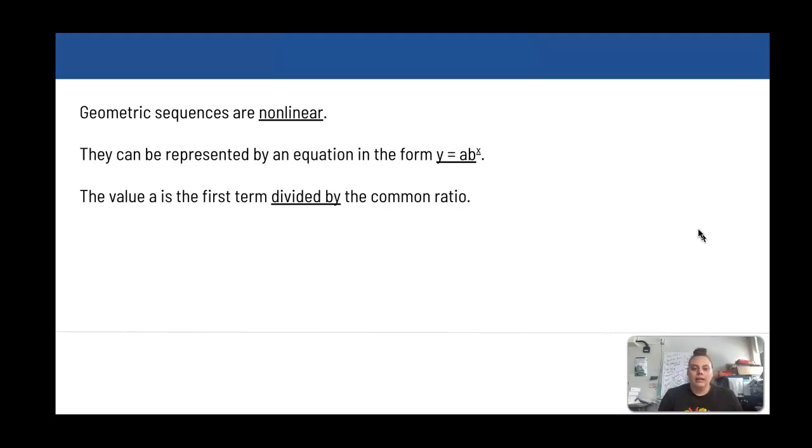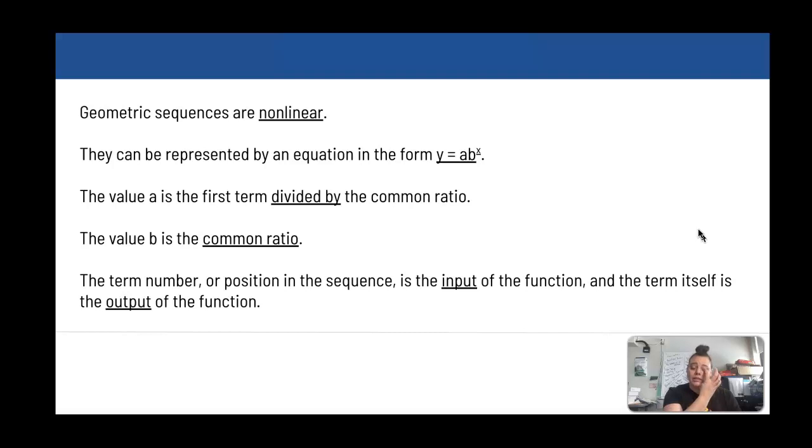The value a we can get from the first term divided by the common ratio, and the value b is the common ratio. Just like with arithmetic sequences, the term number or the position in the sequence, such as first, second, or third, is the input of the function, and the term itself is the output of the function.